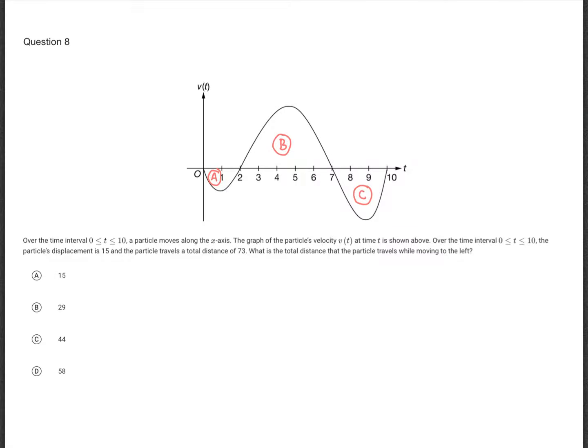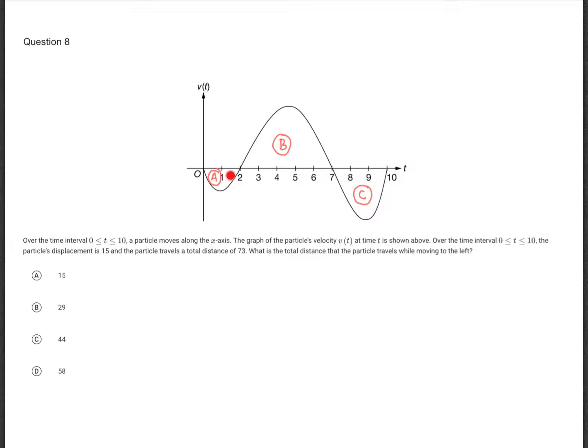Yeah. Okay, so displacement is really final position minus initial position. When you're looking at a velocity function, and looking at the graph or table or function, the area is the distance traveled.